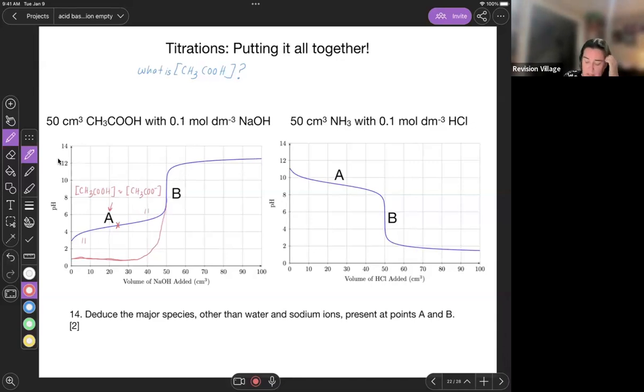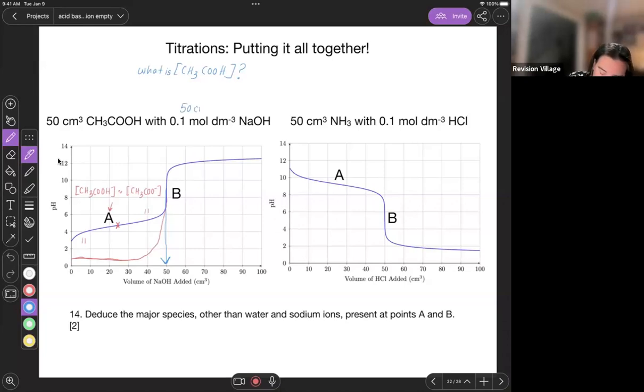At the half equivalence point, that is 25 cubic centimeters, they should be exactly equal. How did I figure out that was half equivalence? Well, I found the equivalence point right here. And that equivalence point of 50 actually allowed me to figure out what the concentration of the ethanoic acid was and find the half equivalence point.